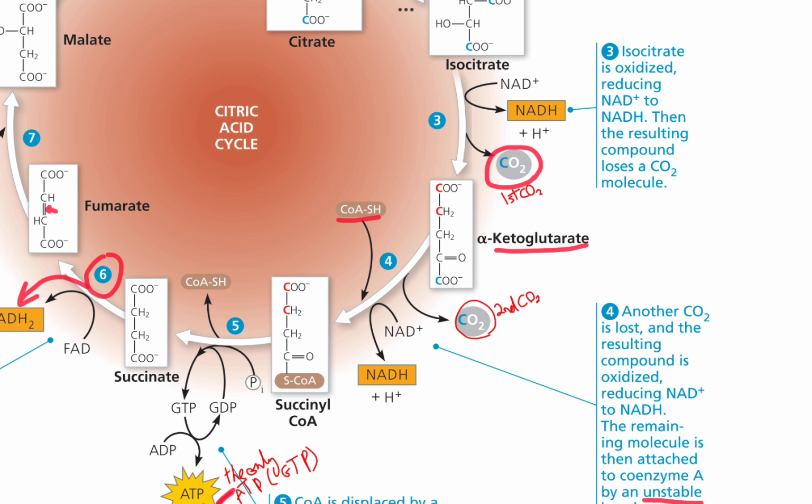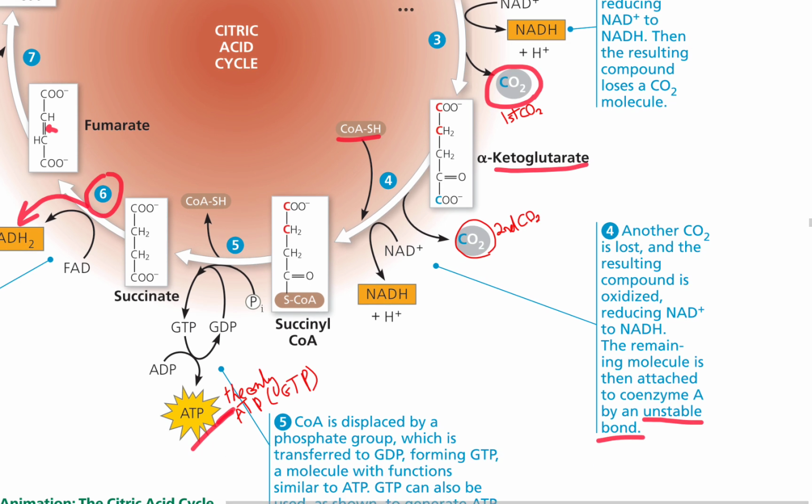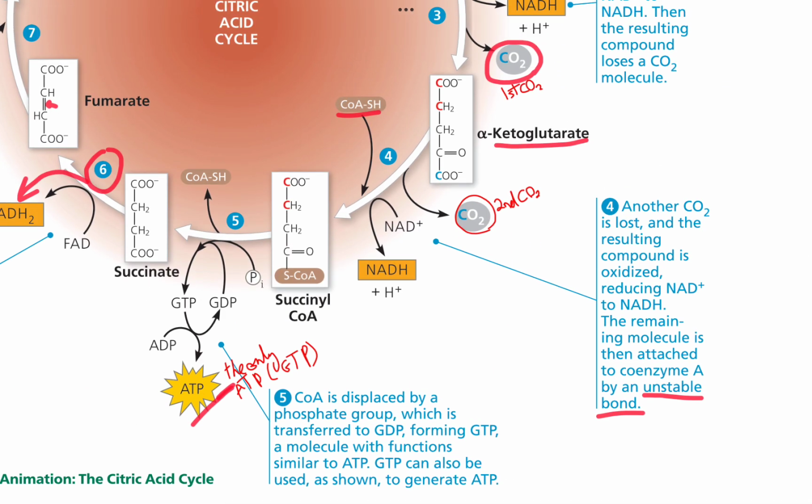However, once this substrate goes through the fifth step, which is a remarkable, unique step, because it's the only step at almost half the cycle that produces GTP and ATP, by first attaching the inorganic phosphate group to succinyl coenzyme A, removing the coenzyme A and taking its place.